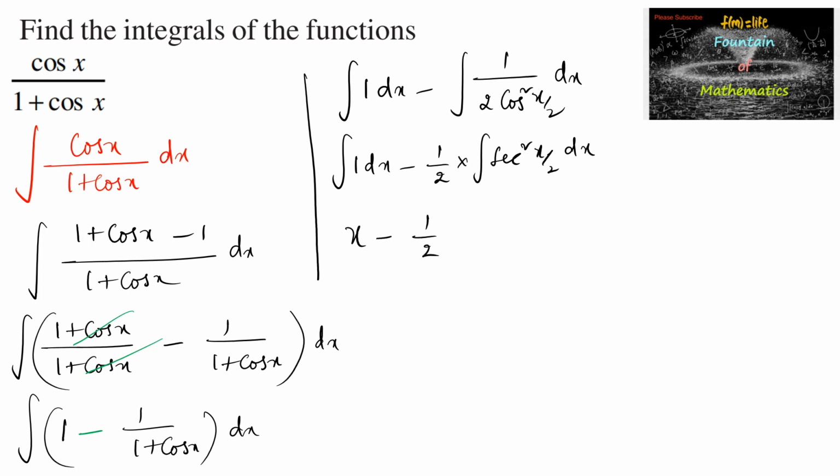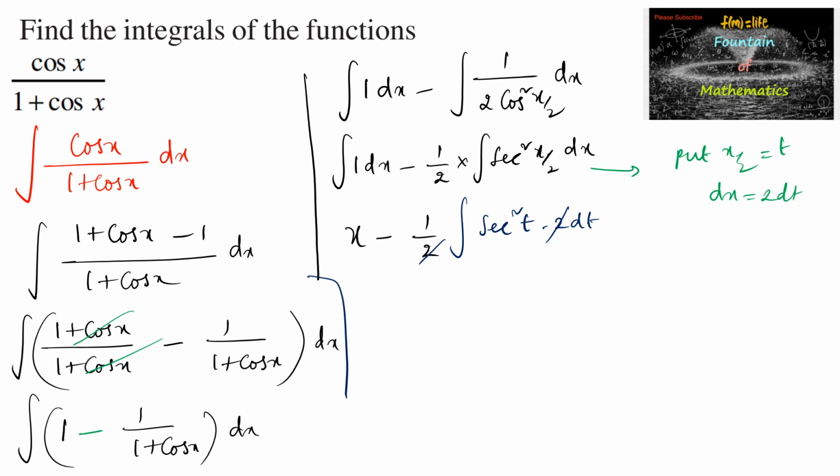In the later integral we can put x by 2 is equal to t, so that dx is equal to 2 dt. So 1 by 2 into integral of secant square t into 2 dt. So the 2 and 2 get cancelled. So we can write here x minus integration of secant square t. We know that secant square theta minus tan square theta is equal to 1, so secant square t is equal to 1 plus tan square t.